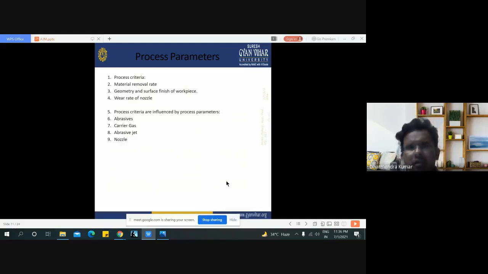These are the process criteria, and process criteria are influenced or affected by these process parameters like abrasive particles, carrier gas, abrasive jets, and abrasive nozzles. These four points are responsible for the geometry and surface finish of workpiece, wear rate of nozzle, and material removal rate.